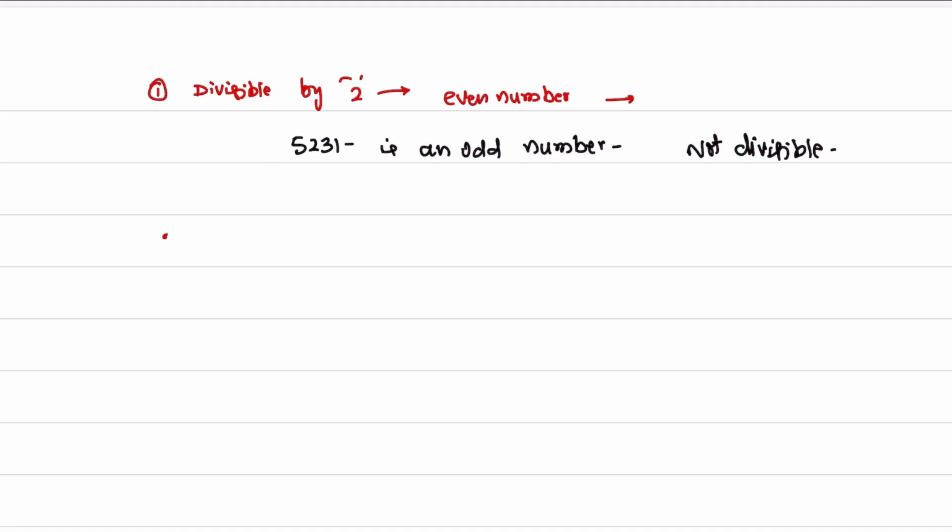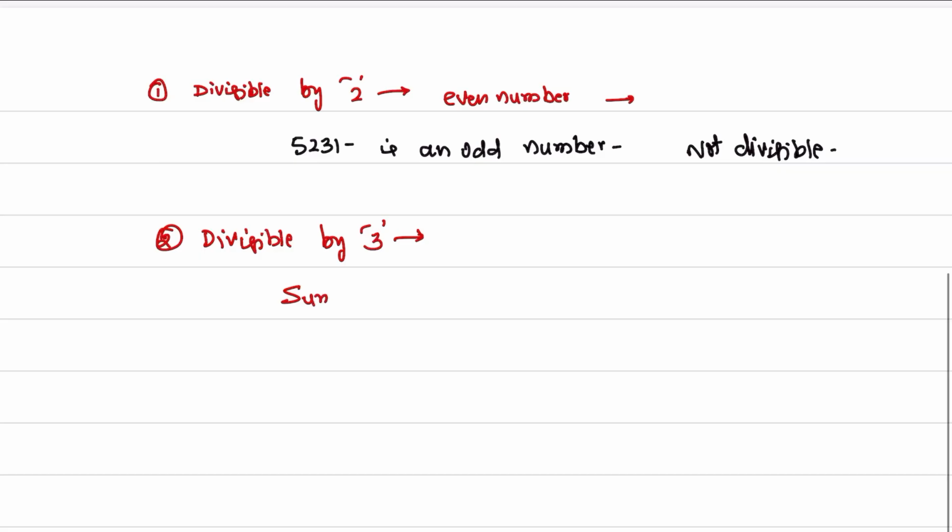Second step. To check whether it is divisible by 3 or not. A number will be divisible by 3 if the sum of the digits is divisible by 3. Please remember this. Sum of the digits is equal to 5 plus 2 plus 3 plus 1, that is equal to 11.